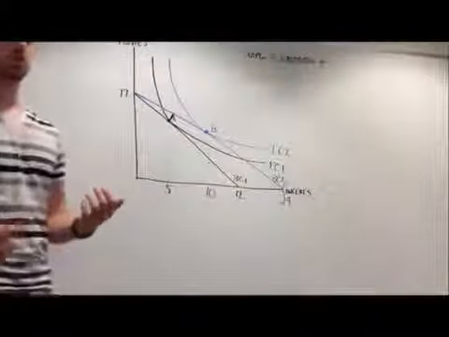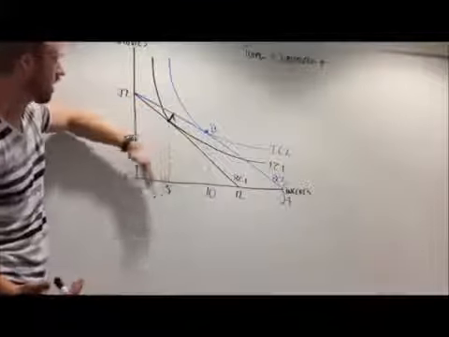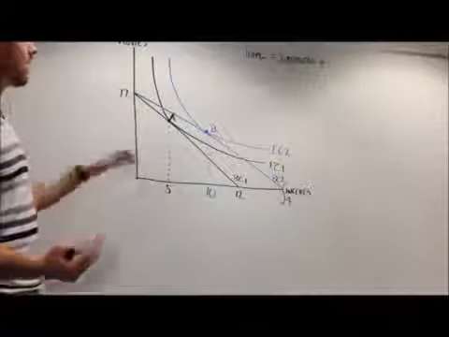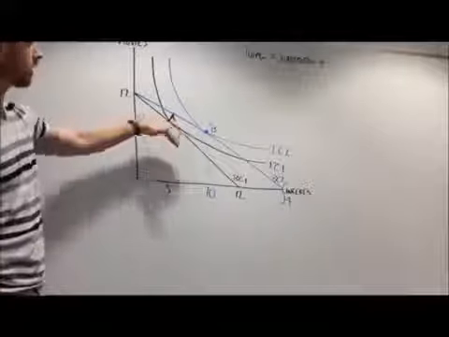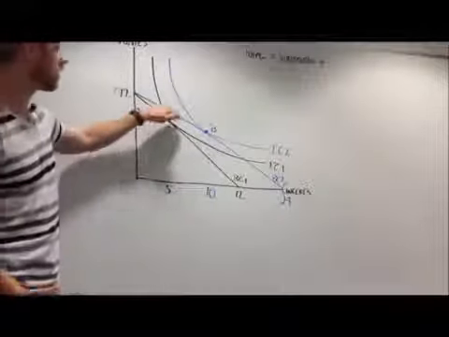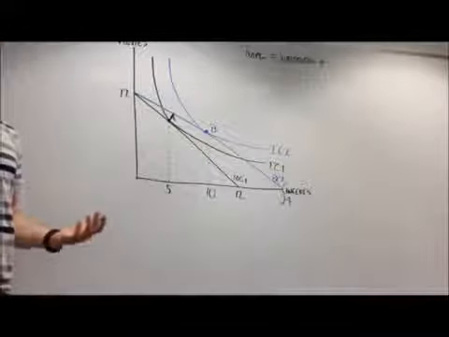Previously, he could only consume bundles that were below this black BC1, right? Anything in this triangle down here was affordable. Now he can consume anything that's below BC2, which includes everything that he could consume before, plus all this additional stuff in here. So he's unambiguously richer than he was before.